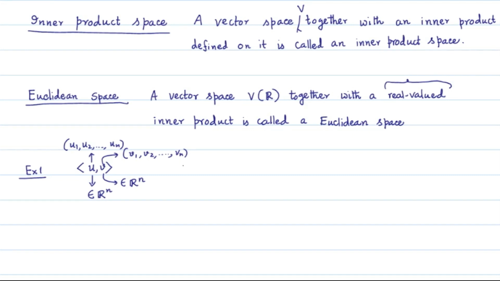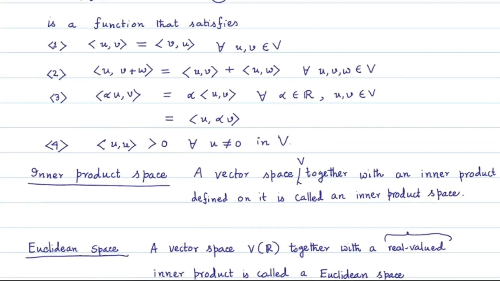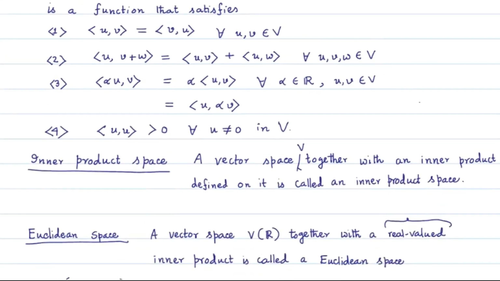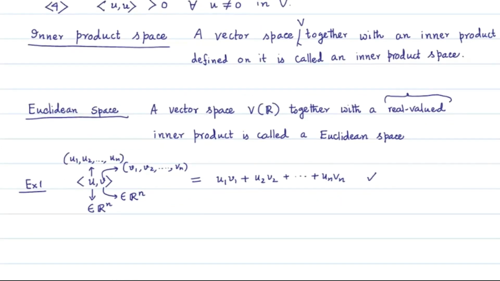One inner product of u and v is the usual dot product u1 v1 plus u2 v2 plus till un vn. We can show that this expression satisfies all these four properties of inner product, and hence this expression gives an inner product in the n-dimensional Euclidean space Rn.